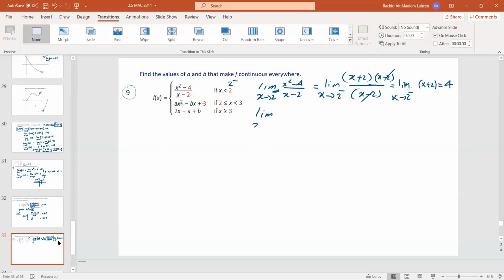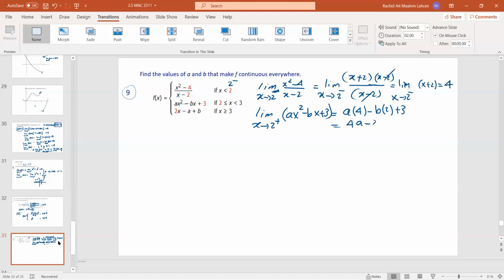So for the limit from the right, you can use direct substitution here, which means a times 2 squared is 4a, minus 2b, plus 3.